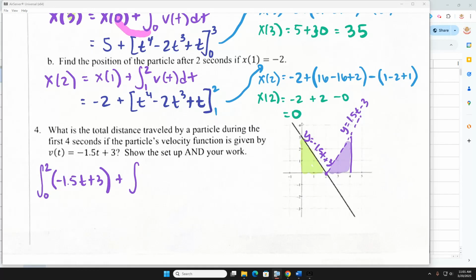All right, you guys set up the second integral that would give us this purple shaded area. Don't forget your dt. I forgot mine. Sorry.